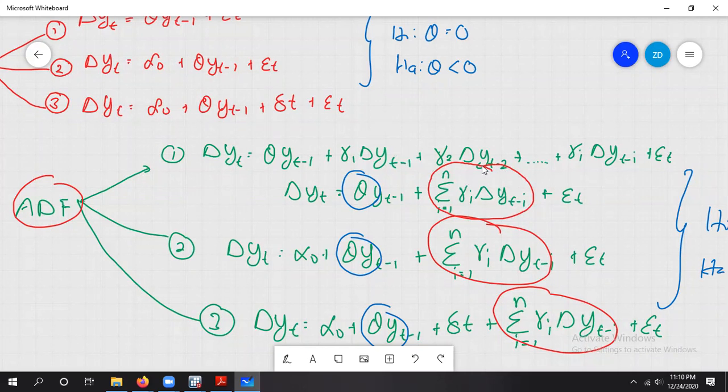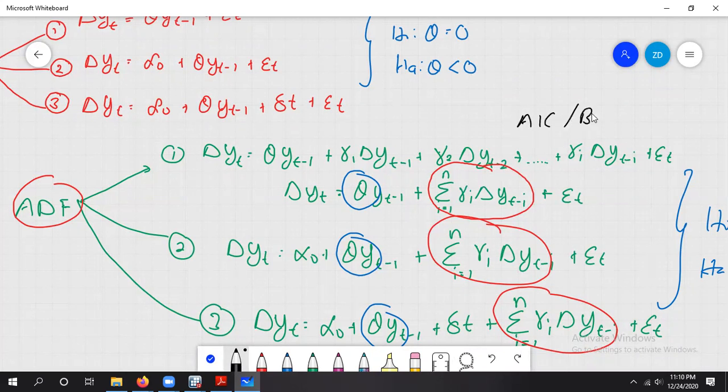We can choose the optimum lag by the AIC or BIC, the Akaike information criterion or Bayesian information criterion. We base on this criterion to choose the optimum lag.